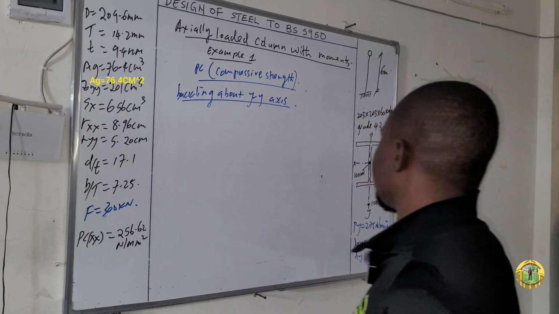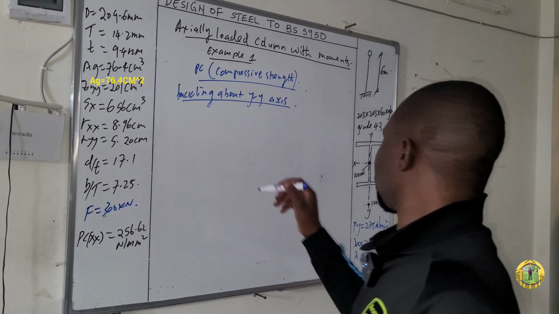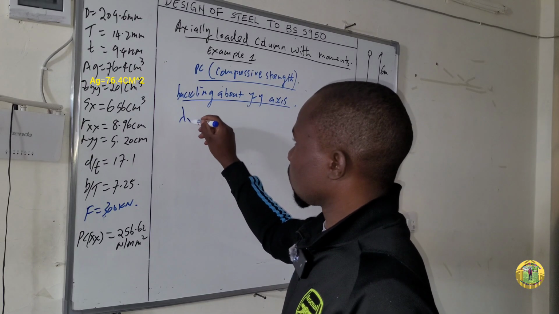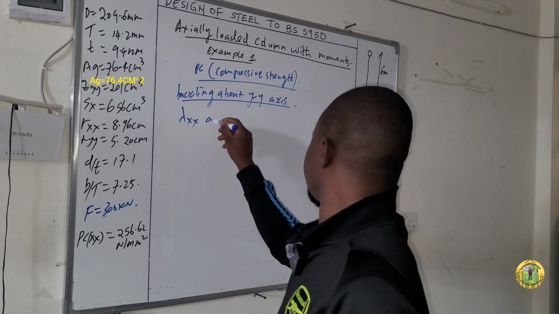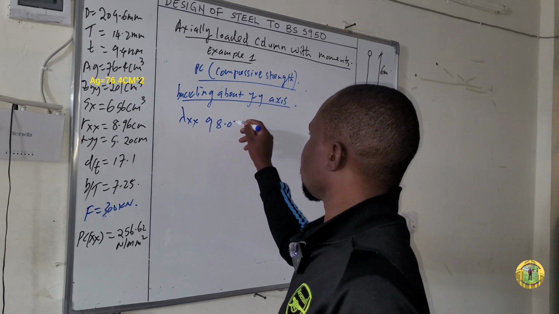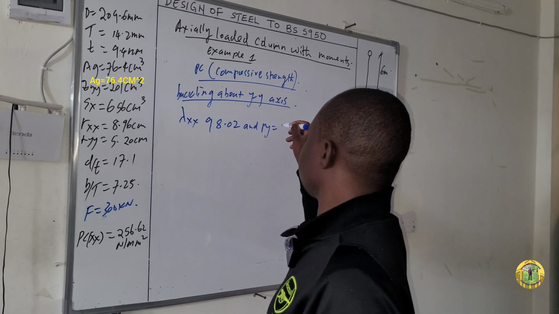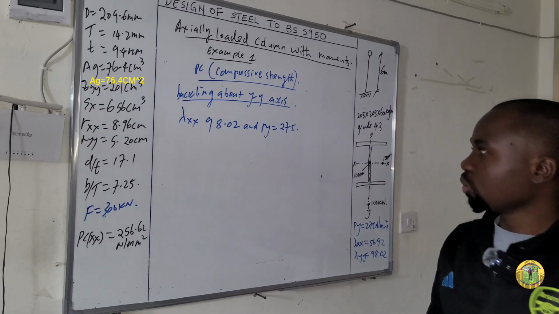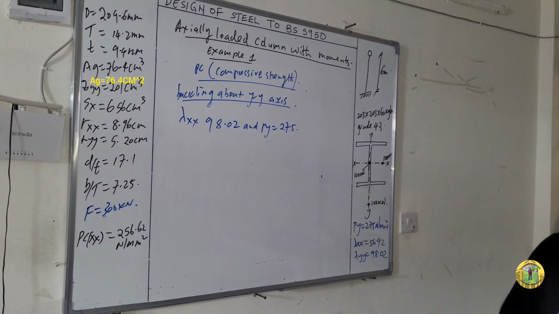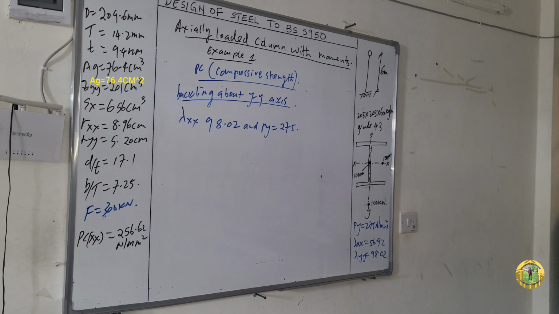For you to enter into table 27C, you need the slenderness ratio about YY axis, which is 98.02, and PY, which is equal to 275. Again, we'll go to the table and obtain the PC for YY axis.